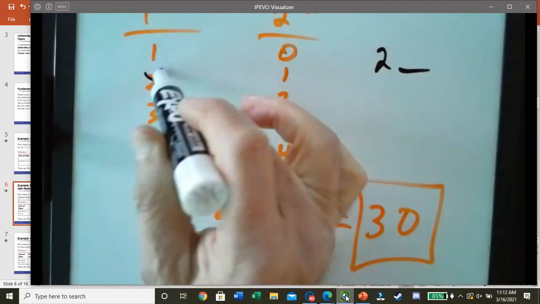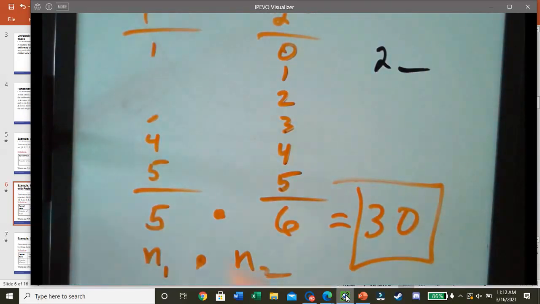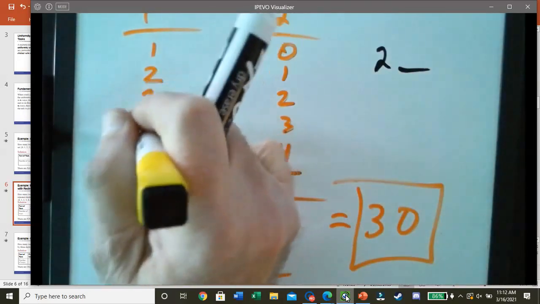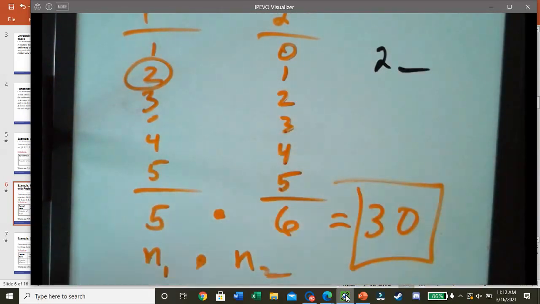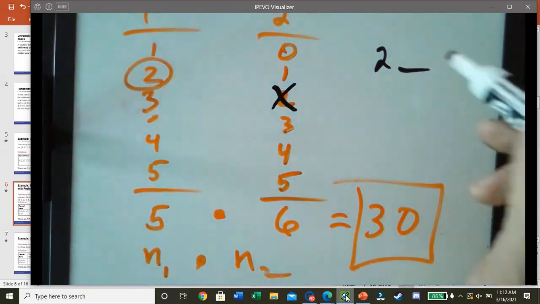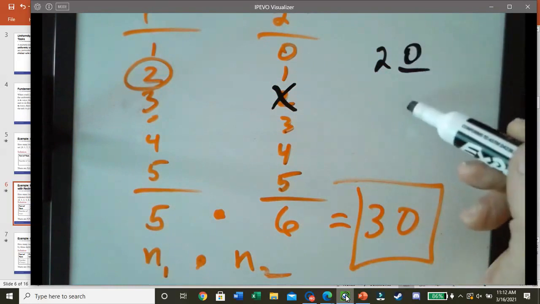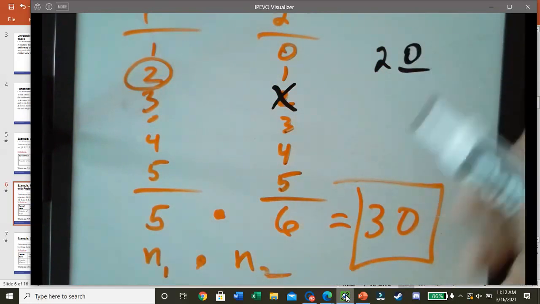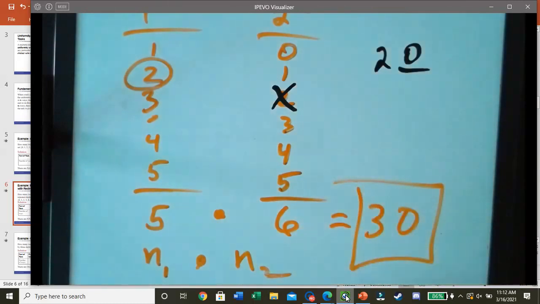And okay, so if we selected a 2, then 2 cannot be in the second digit because now the restriction is the digits can't be repeated. So it can be a 20, a 21, a 23, 24, 25, but it can't be a 22 because we're setting the restriction that digits cannot repeat.